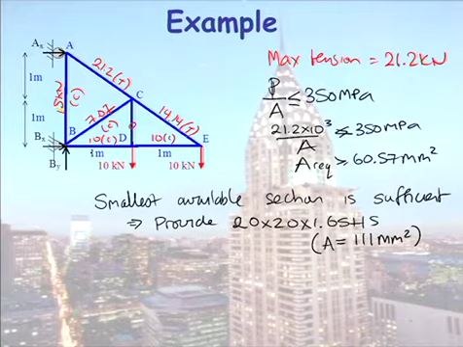Now, let's look at our biggest compression force. As well as that being our biggest compression force of 15, that's also appearing in the longest member there. So it's not just the biggest compression force, it's the longest member as well. So now let's do our compression design.